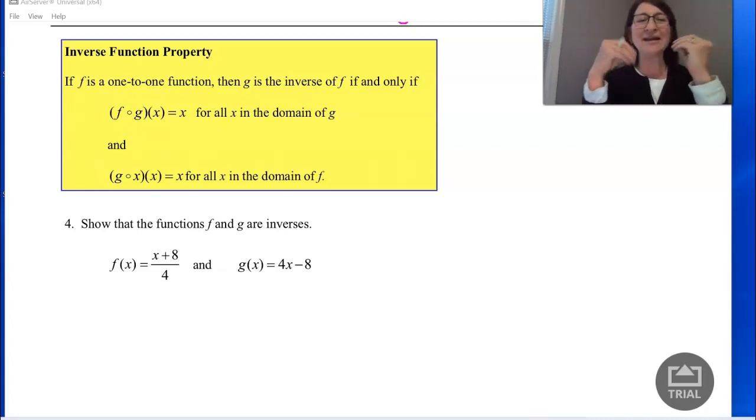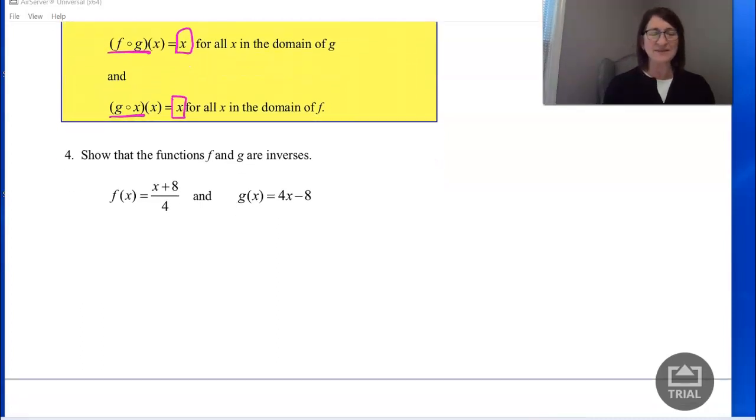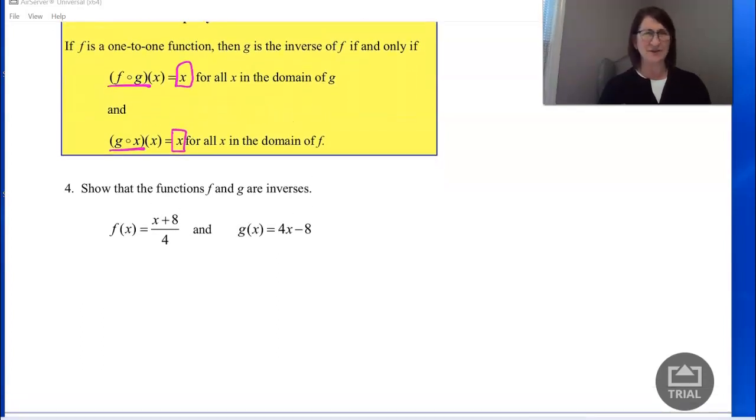And when I find my compositions, they will always equal x, even when I take the inverse. All right, that doesn't even seem like it should make sense. How does that work? Well, let's give it a whirl.